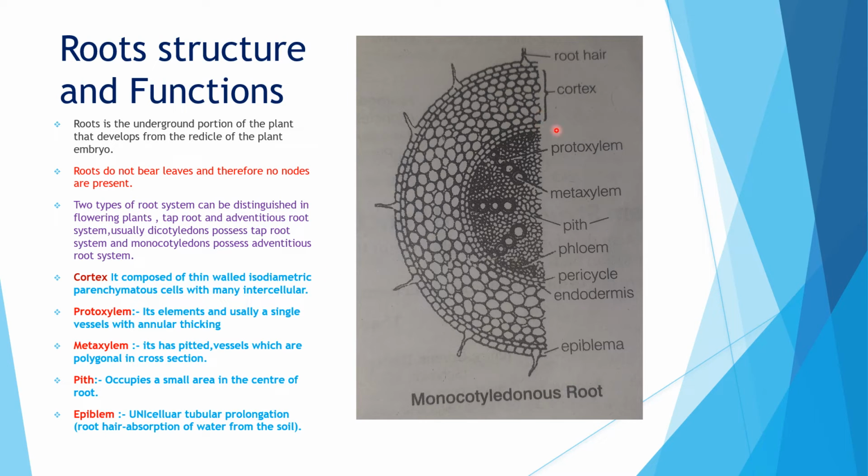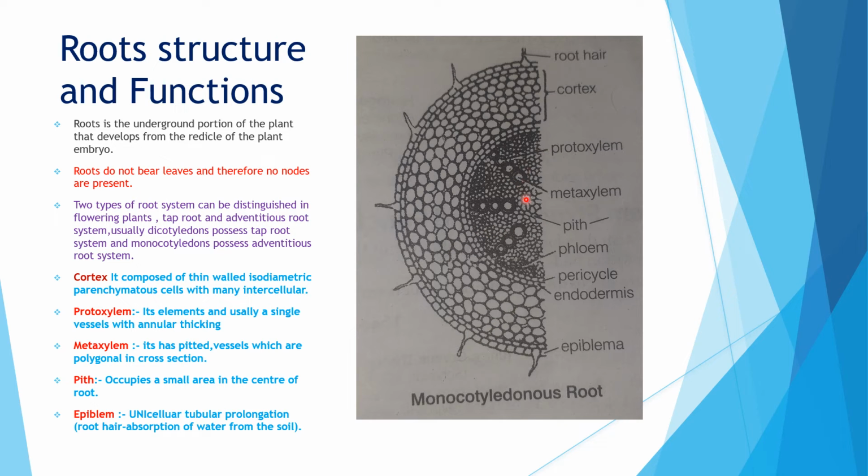It is a circular structure with a wall, isodermic and parenchymatous cells, and has many intercellular spaces. The protoxylem is the element which is a vessel with angular thick walls. The metaxylem is a vessel with polygonal section.